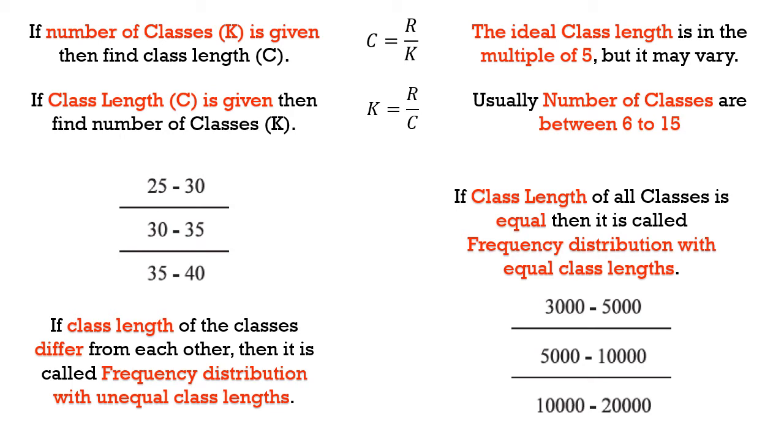Second class is 5000 to 10,000. The difference here is 5000. That means the class length is 5000. Third class is 10,000 to 20,000. That is, the difference is 10,000. So the class length for that class is 10,000. So 2,000, 5,000, 10,000. This way the class lengths differ. So it is frequency distribution with unequal class lengths.